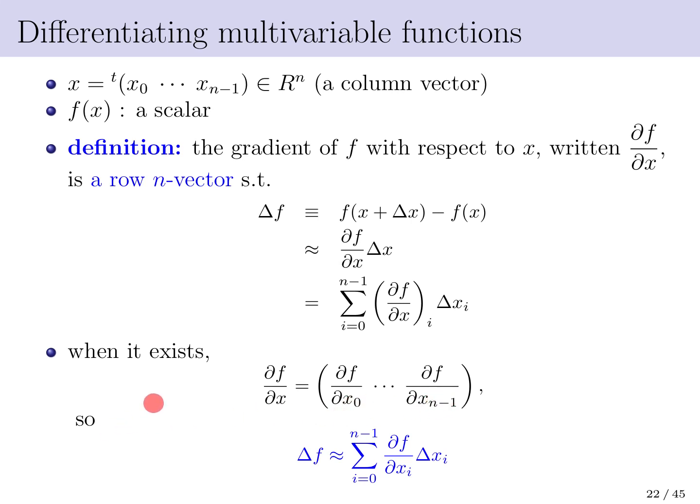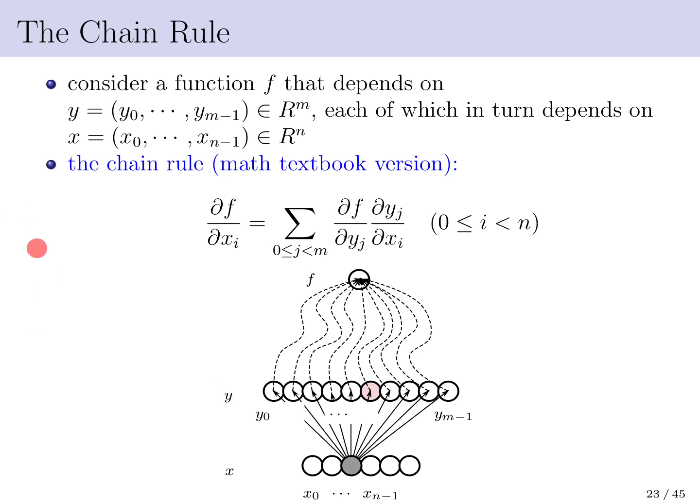So in other words, this change to f, delta f, can be approximated by this summation. This is another way of defining the derivative of f with respect to these multiple input variables. So here comes the chain rule.